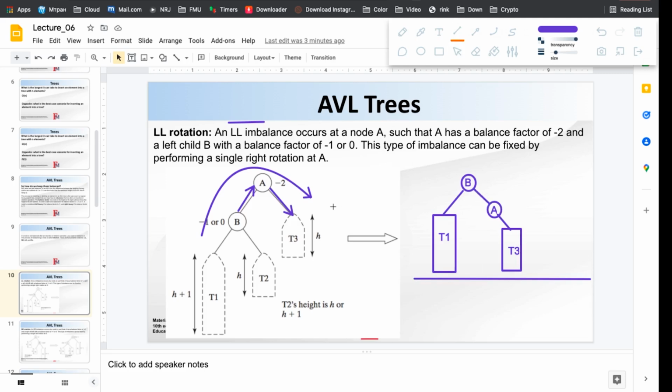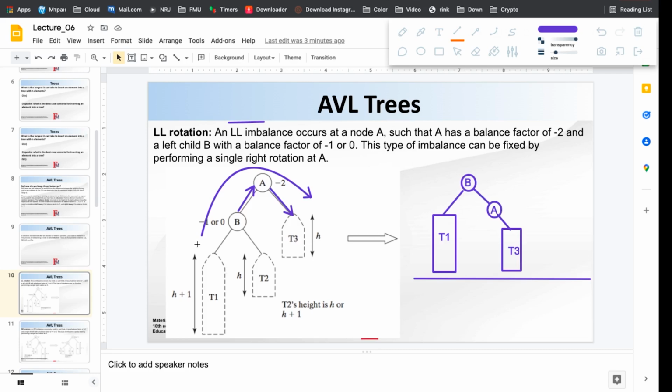Next, here we have only T2. So where's T2? T2 used to be the right subtree of B, but now it can't be there anymore, because now the right subtree of B is A. So where can it go now? It has to be between T1 and T3, so definitely somewhere here.